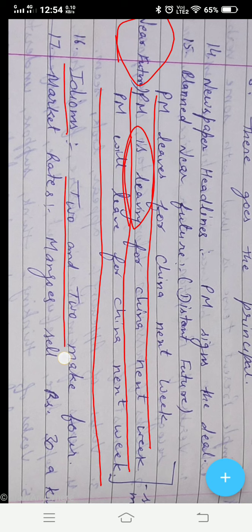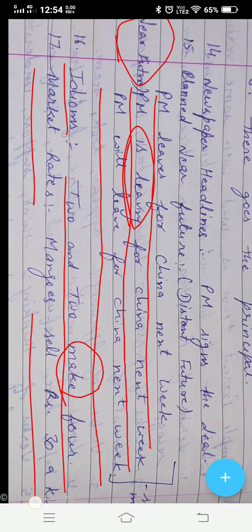Idioms: 2 and 2 make 4. Make, first form of verb. Market rates: mangoes sell at 30 rupees a kilo.